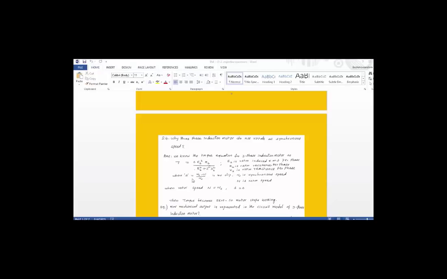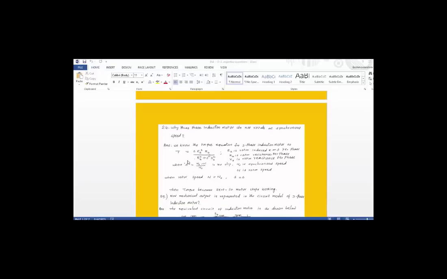And we know slip S is equal to Ns minus N divided by Ns, where Ns is synchronous speed, N is rotor speed. When rotor speed N becomes synchronous speed, then the slip will become 0. Then when we substitute S is equal to 0 in the torque equation, the torque also becomes 0. So when the torque becomes 0, the motor stops rotating.